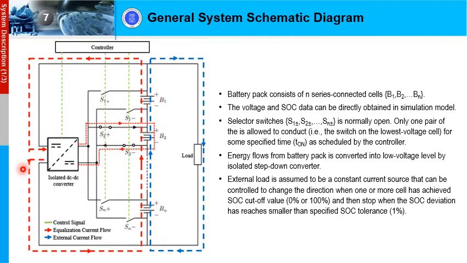Energy flow from the battery pack is converted into a low voltage level by an isolated step-down converter. The external load is assumed to be a constant current source that can be controlled to change direction and then stop when the state of charge deviation is smaller than the specified tolerance.